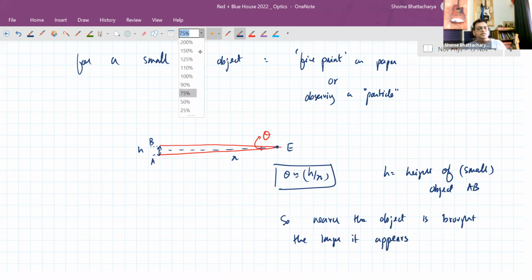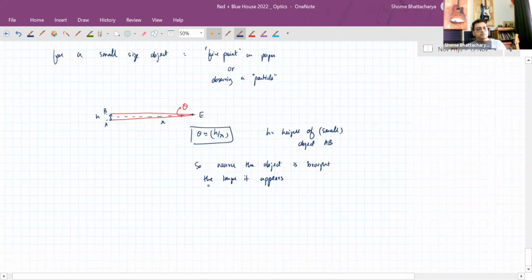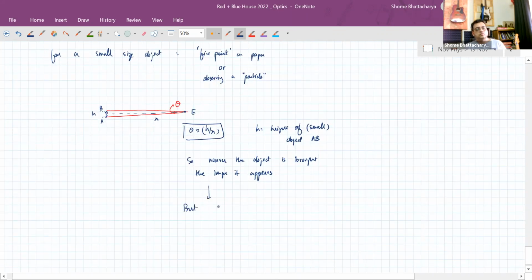However, the problem here is that there is a limit to which we can bring it nearer. This is the least distance of distinct vision for the eye.